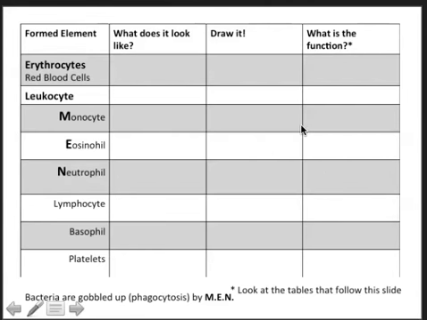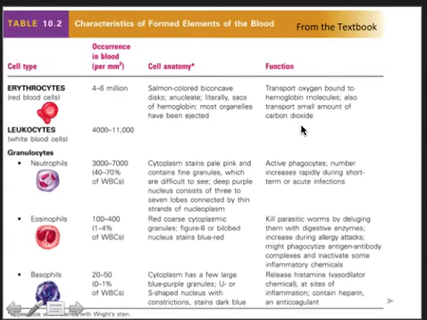Okay, so to help you out, what we have here is table 10.2 from your text that gives you a rundown of each of the different types of formed elements, the abundance of them in a particular volume of blood, a cubic millimeter, a description of their appearance, and then a description of what they do.